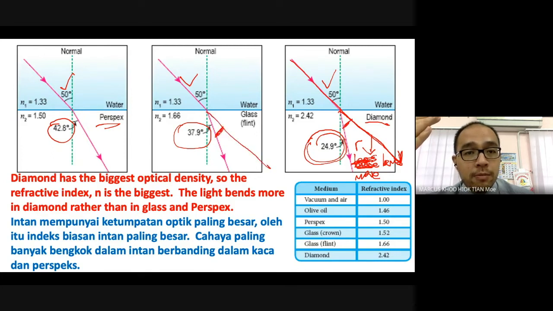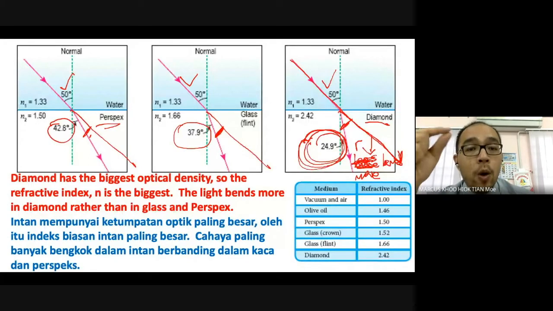Look at this. The bend over here in the diamond is more than the glass, and definitely more than the perspex. Look at this angle is the smallest. So the smaller the refractive angle, the more the light will bend.